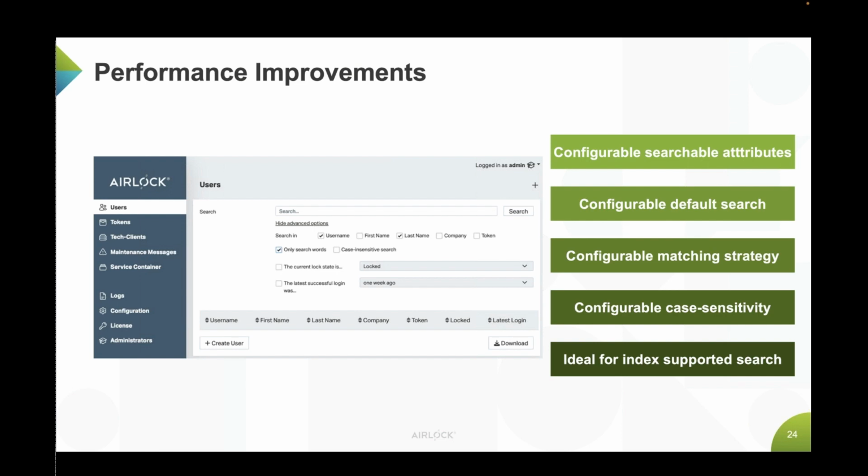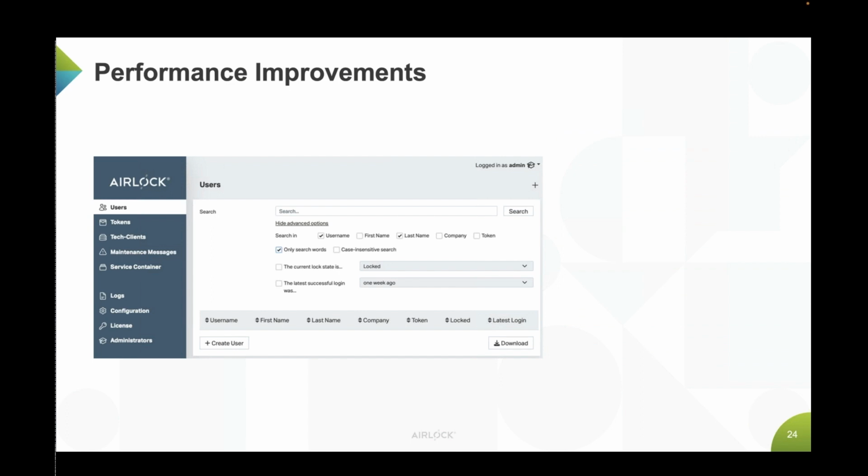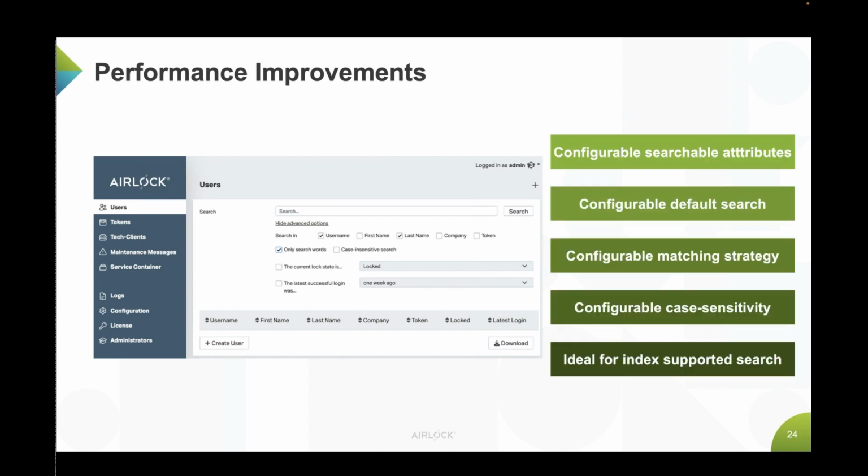Some databases are quite good at substring searches, some are quite bad. If you configure it to only search for words, then this has the advantage that most databases are able to deal with that very quickly. And case insensitivity is also something that some databases are good at, some are not so good. So you really should choose a default that suits your database.